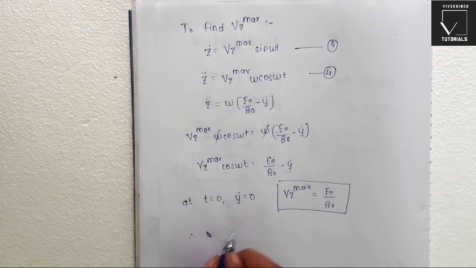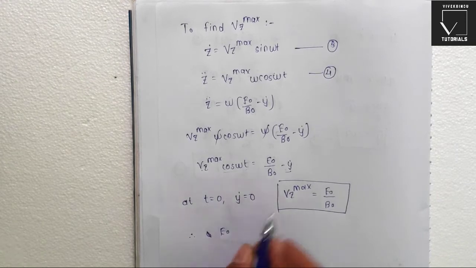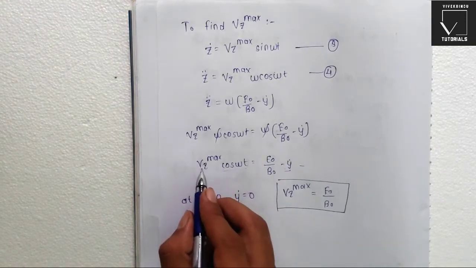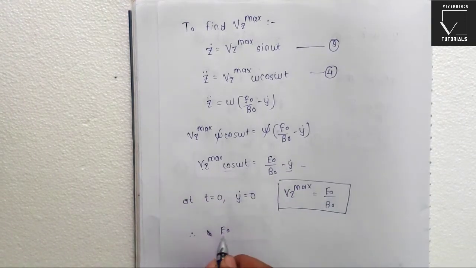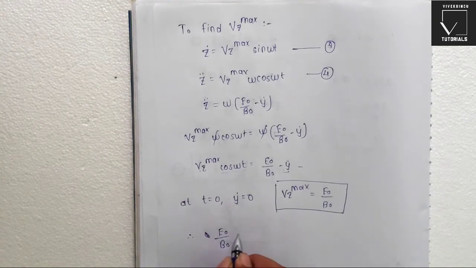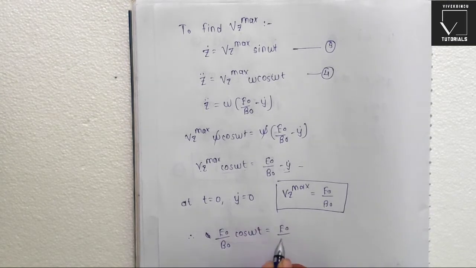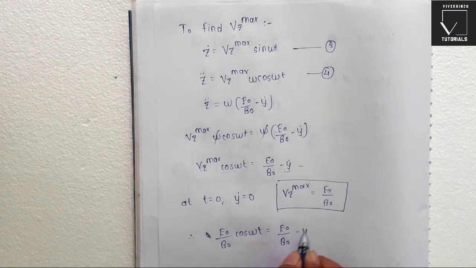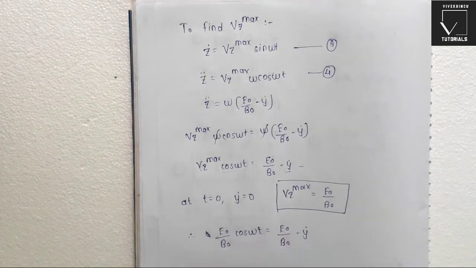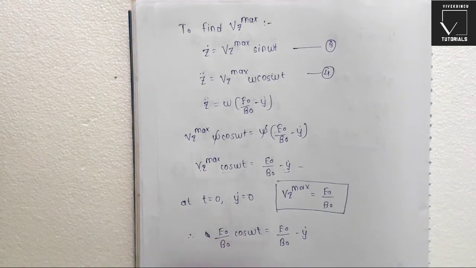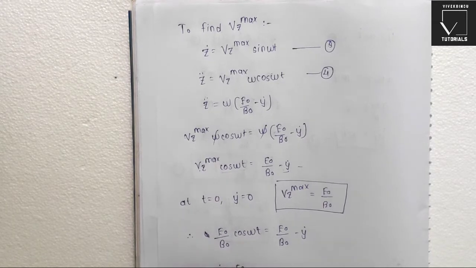So this equation becomes, put the value of vz max, and we get e0 upon b0 cos omega t is equal to e0 upon b0 minus y dot, and rearranging this equation we get y dot is equal to e0 upon b0 (1 minus cos omega t).